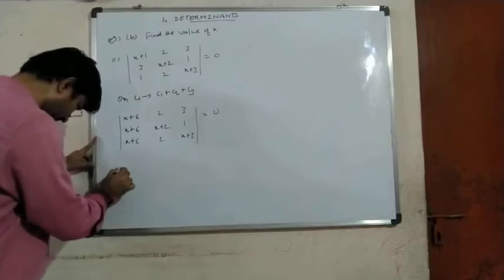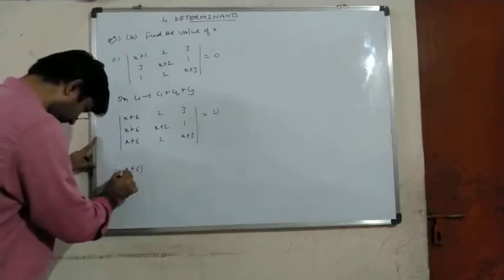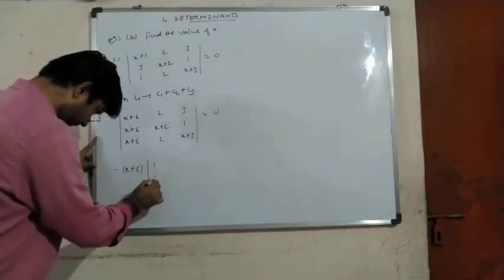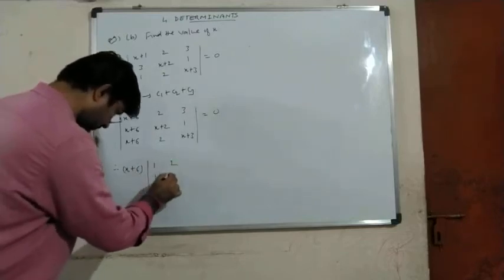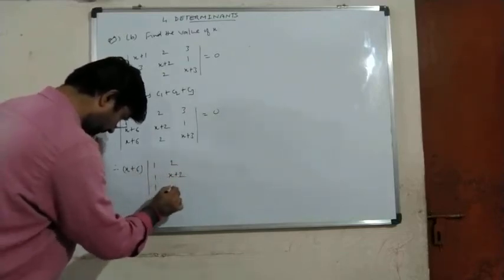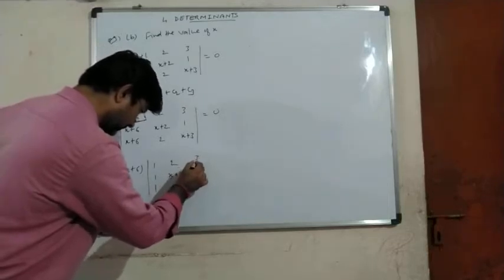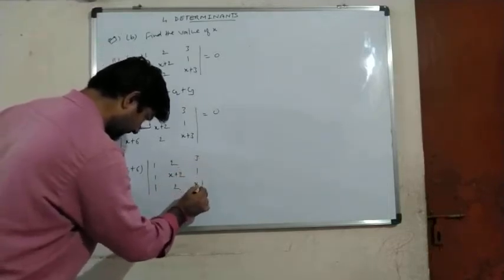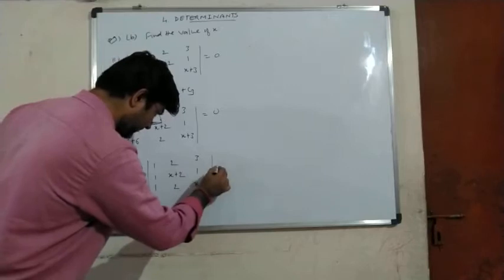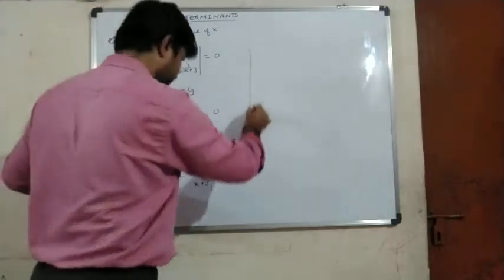Let us take x plus 6 common. So we will get 1, 1, 1, 2, x plus 2, 2, 3, 1, x plus 3 equal to 0.